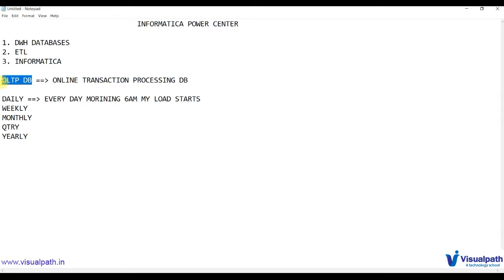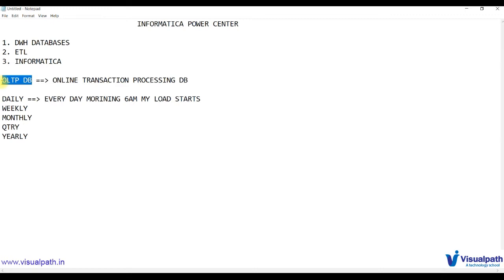Similarly, when Wednesday morning 6 a.m. comes, all your Tuesday data is loaded to some other database. Tuesday data is no more current and becomes historical, because I'm now storing current transactions for Wednesday.